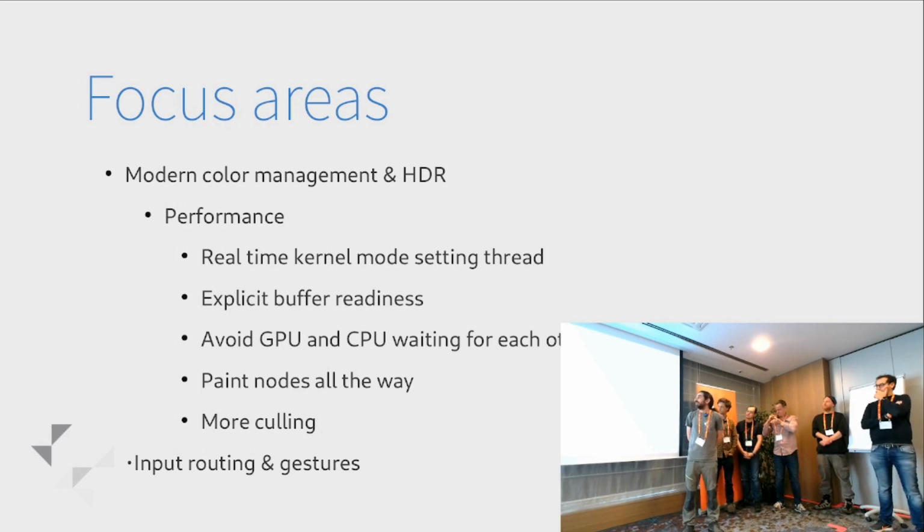And more culling. Culling is a technique so you avoid pointless GPU work, as in, for example, not rendering things that are occluded by other windows or other things. But we have that at the window level currently, so we do that well for windows, but we want more integration with the toolkit and everything.